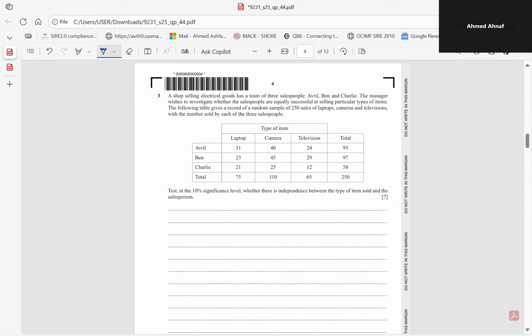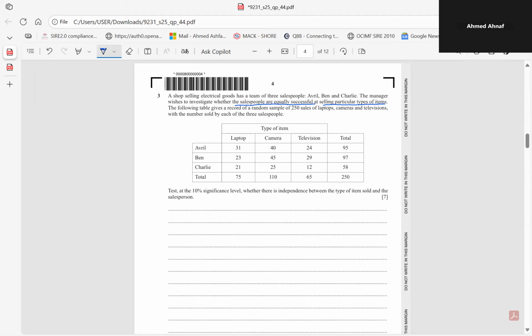Okay, so for this question, they are telling us that a shop selling electrical goods has three salespeople: Gabriel, Ben, and Charlie. The manager wishes to investigate whether the salespeople are equally successful at selling particular types of items.